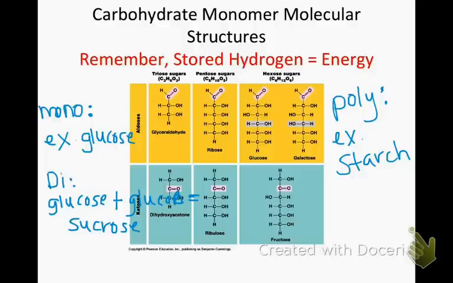So if we look at our little diagram here, remember, carbohydrates are going to have functional groups of carbon. So think about where you have that carbon double bonded to an oxygen.